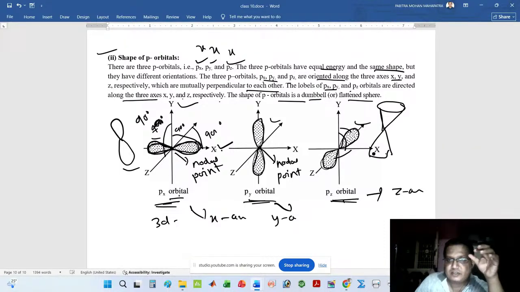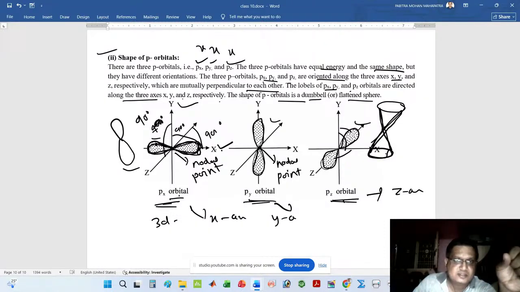Clear, the shape looks like this. Dumbbell. Clear? Here I have shown the shape like this. This is the upper part of the dumbbell, and this is the next part, tightly bound here by a string.